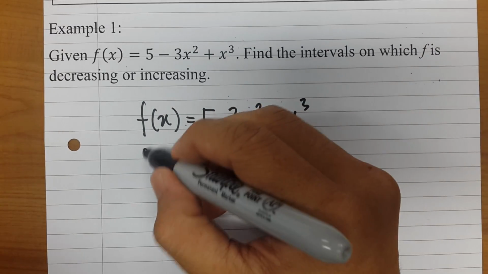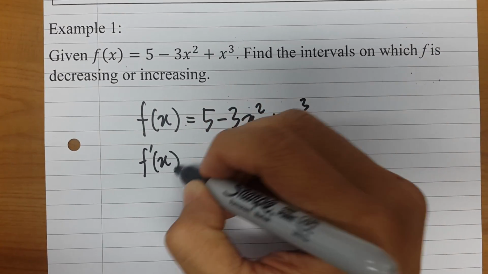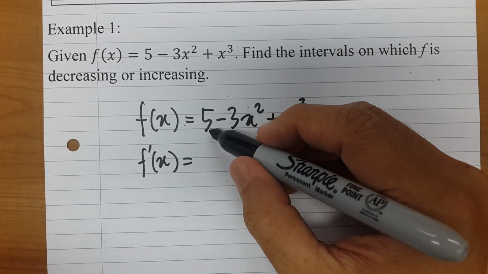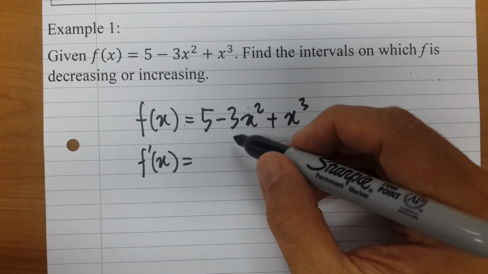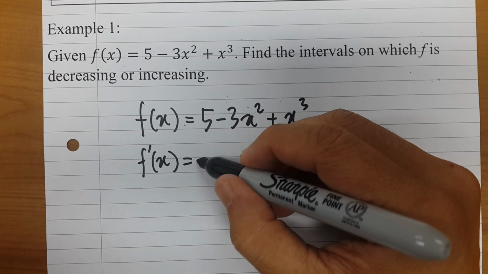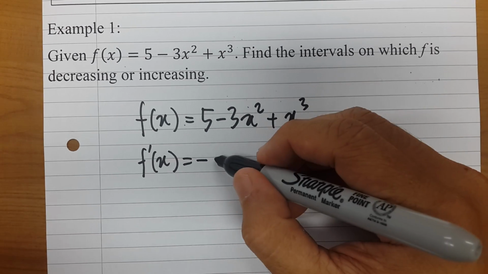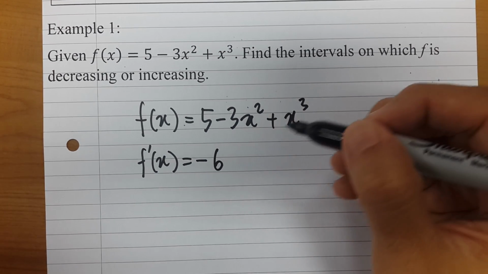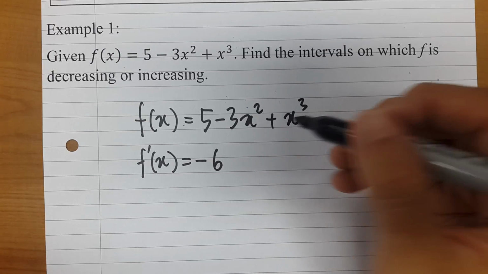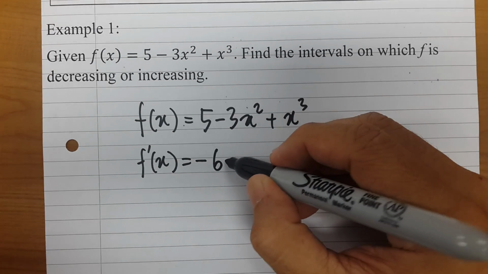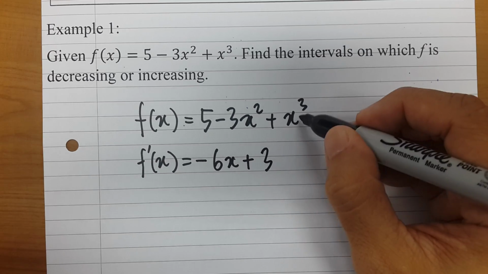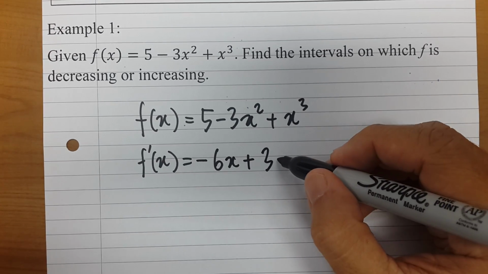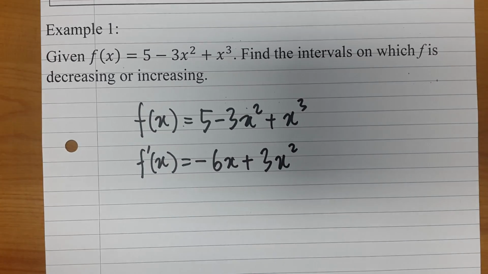The first derivative f prime x equals, first, the derivative of 5 is 0, no need to write. The derivative of negative 3x squared is negative 3 times 2, equals negative 6x. The power of 2 reduced by 1 ends with x. Then x cubed: 3 comes in front, and the power reduced by 1 becomes x squared.